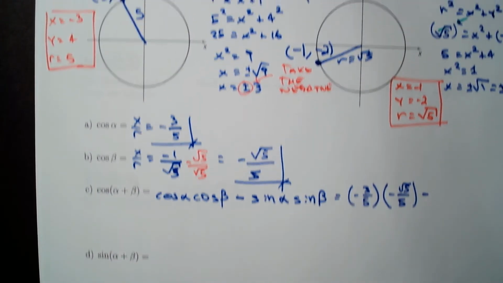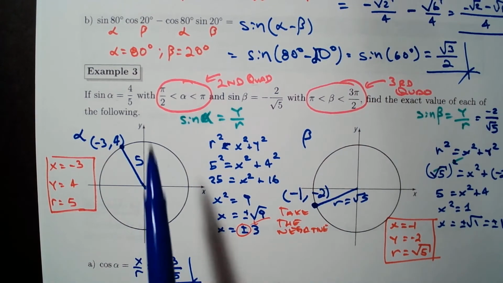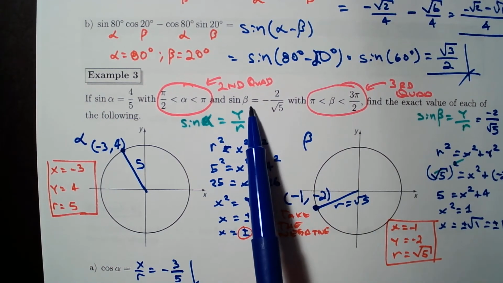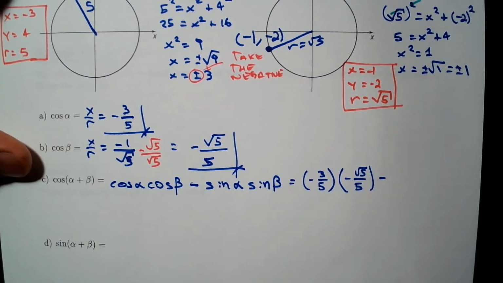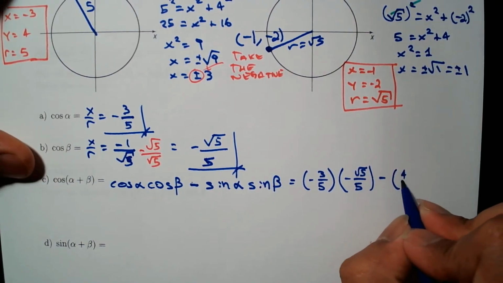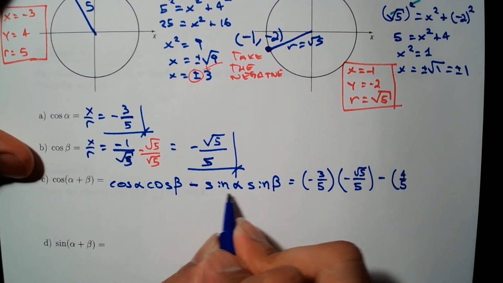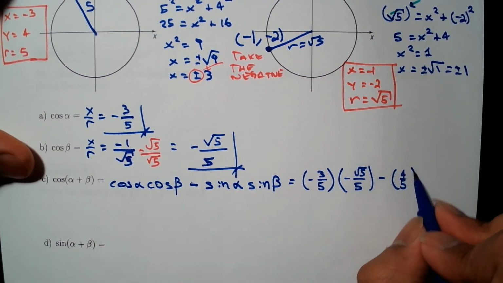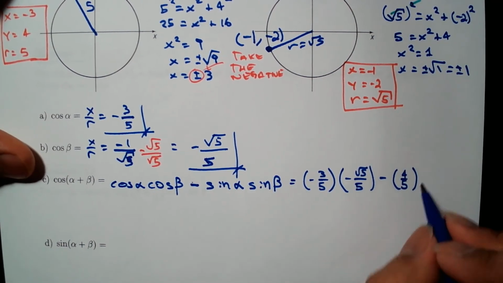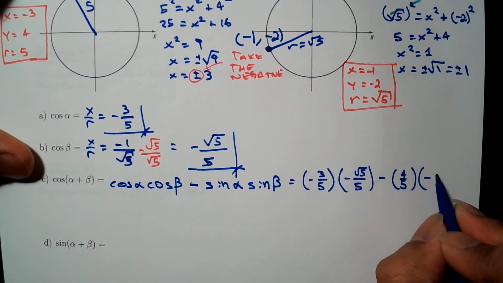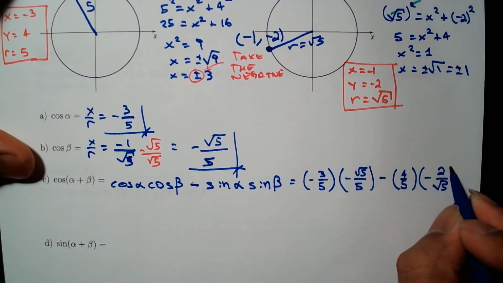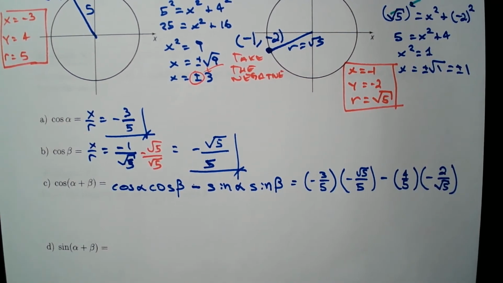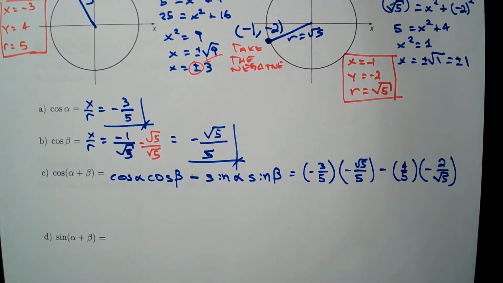Well, sine alpha was given, and so was sine beta, so all we have to do is copy these two values. 4/5, which is sine alpha that was given, and then sine beta, which is also given, that's a negative 2 over root of 5. All we have to do right here is simply put everything together.